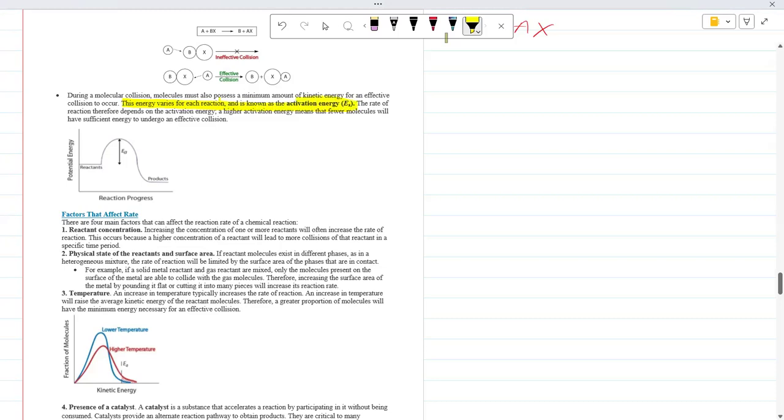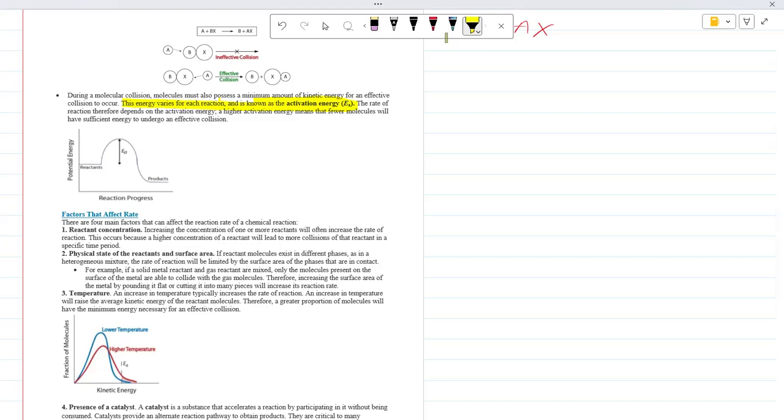So when you say activation energy, you're talking about the minimum amount of energy that is needed for the molecules to be able to break down into products or lead to the formation of products.